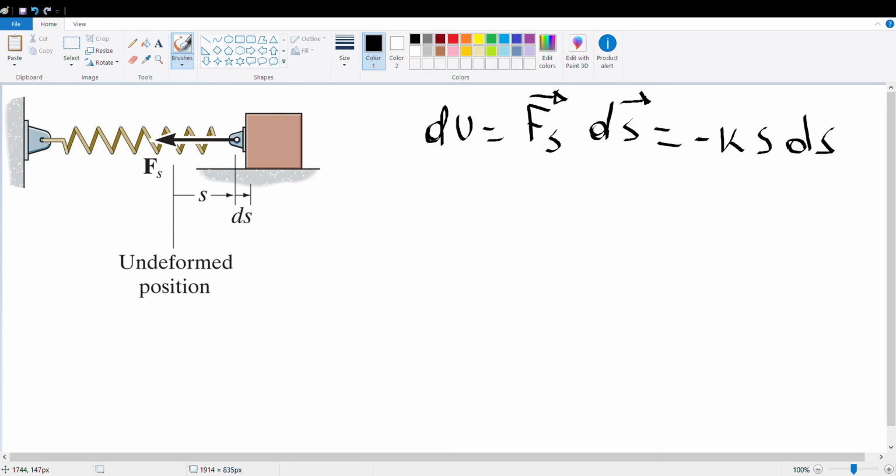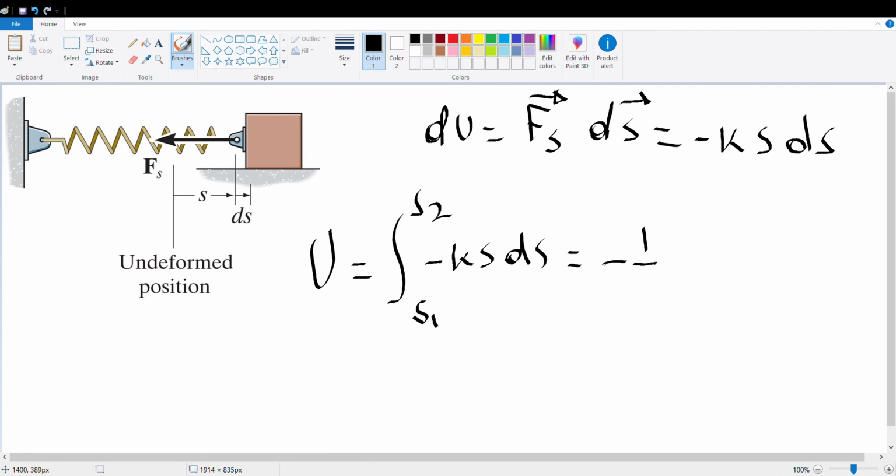The total work is going to be again the integral between whatever initial position and whatever final position of this differential work dU, so minus k s ds. And so if I integrate s ds, I obtain the square. So it's minus 1/2 k s squared of the final position minus 1/2 k s squared of the initial position.